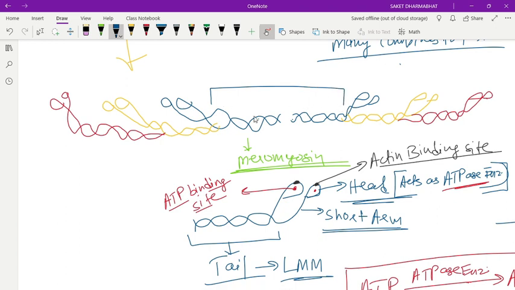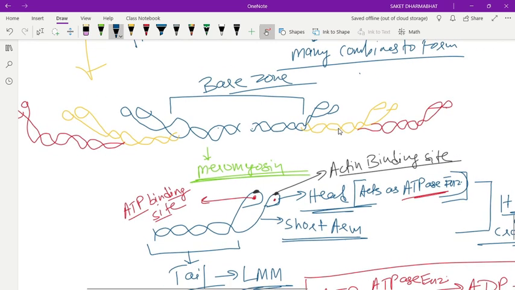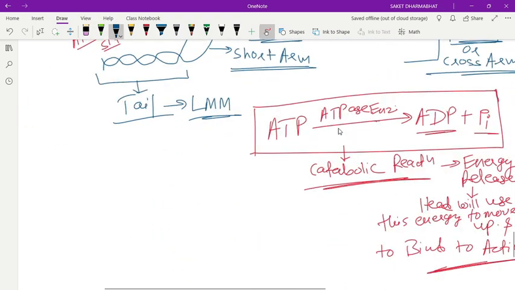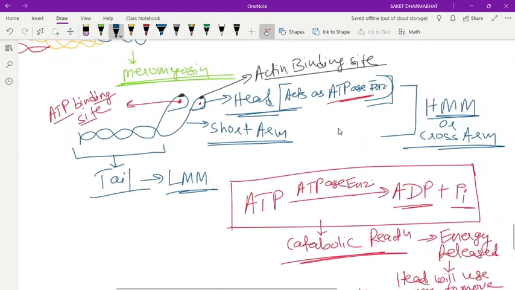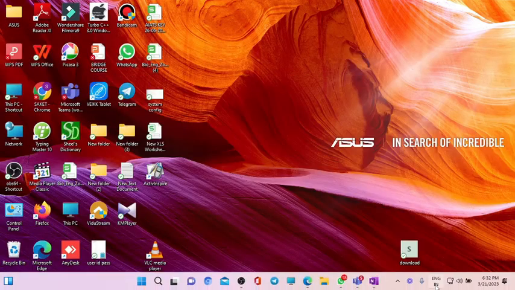In this place, no cross arm has been projected out. So that's why this region will be called what? Bare zone. Because here no cross arm has come out. Understood up to here? Okay, so like this. Actually, just one thing you tell me.